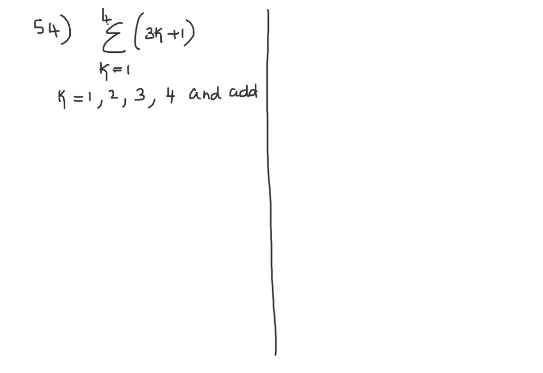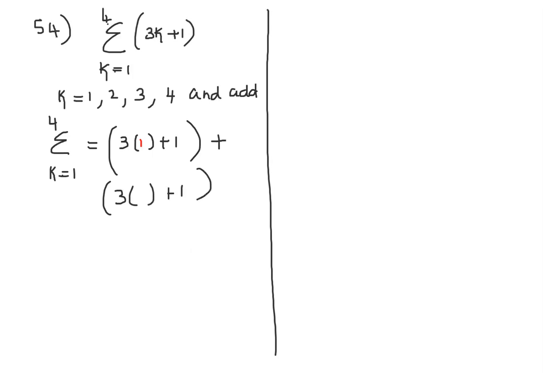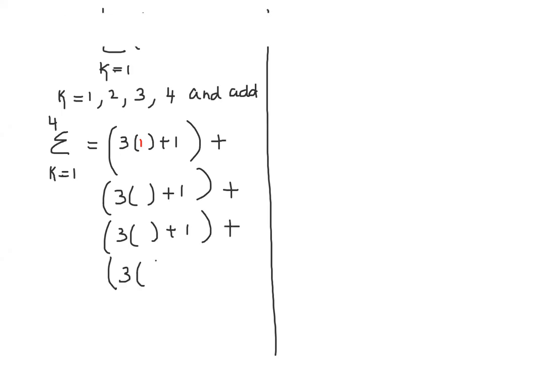So first put 1 for k and we add. Next we put 2 for k, then 3, then 4, and add, because sigma means addition.